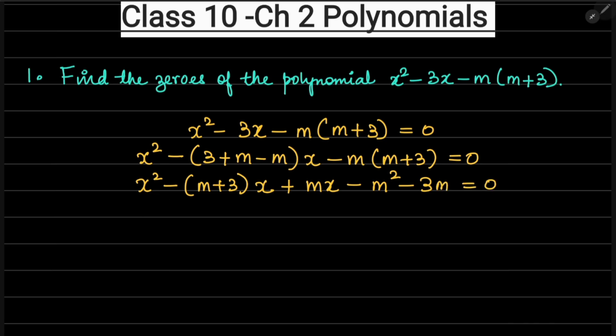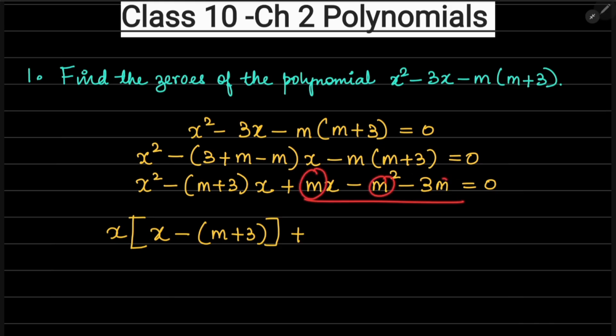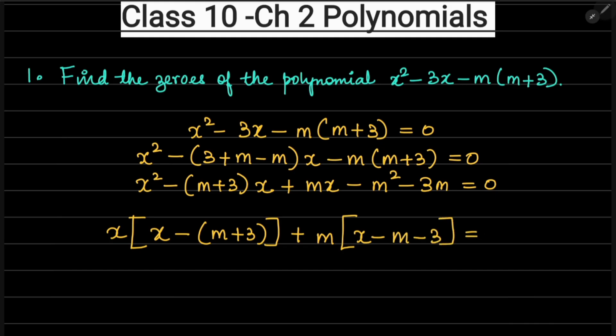Now from the first two terms, what can you take out common? You can take x common out. So x multiplied by x minus m plus 3. And then plus, what is common in these three terms? You can see m is common, right? So plus m multiplied by x minus m minus 3 equal to 0.